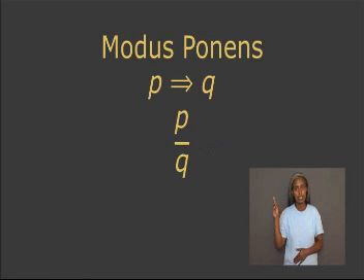This is called the modus ponens. It states that whenever the implication, if P, then Q, is true, and the hypothesis or premise called P is true, then the consequent or conclusion called Q is true.